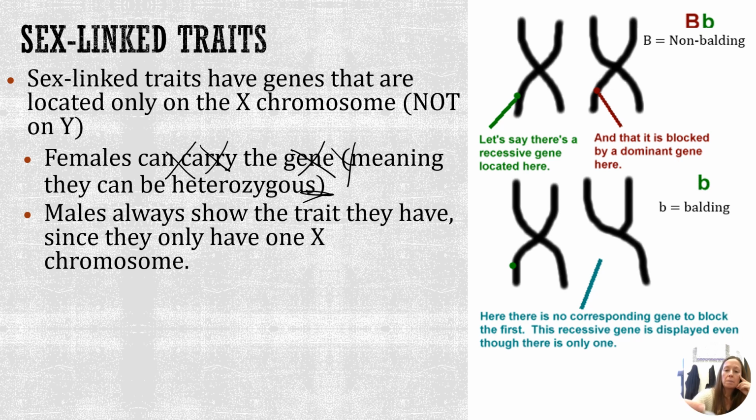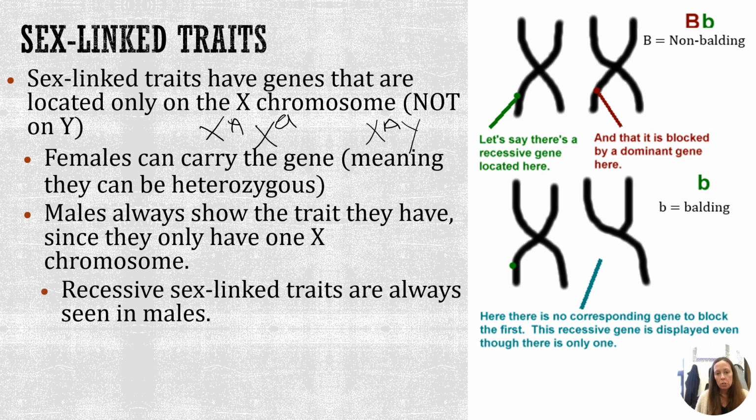Females can have an X with a trait up here and an X with a trait up here, right? Where males only have an X with a trait up here and a Y, right? So females can carry, they can have one of each, males have it or don't have it.